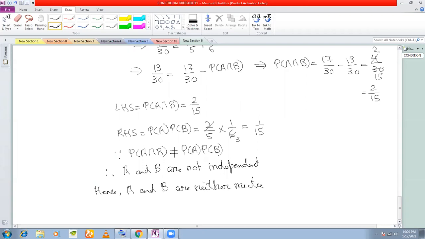Because we have already shown above that they are not mutually exclusive, nor independent. Nor independent. That's it. Clear?